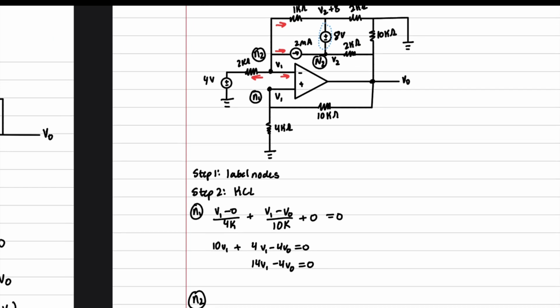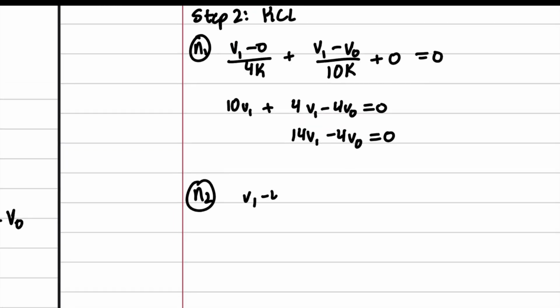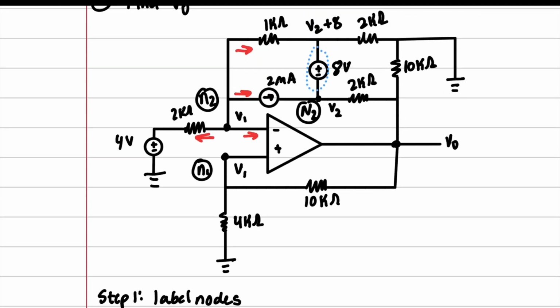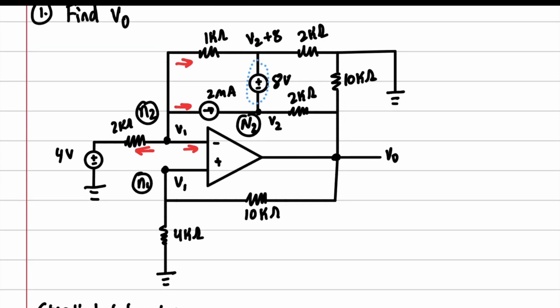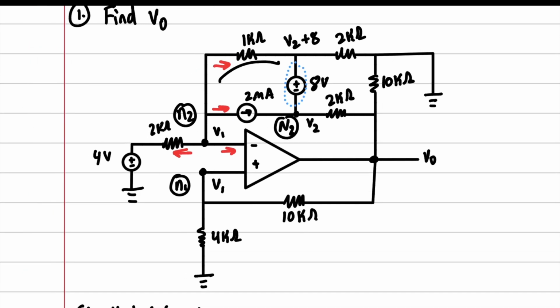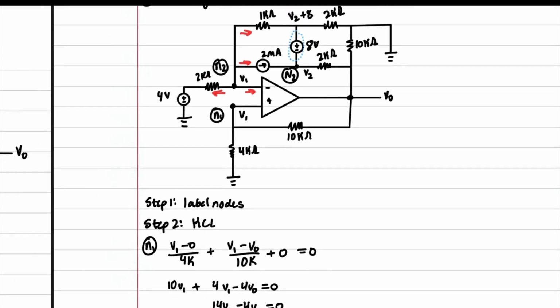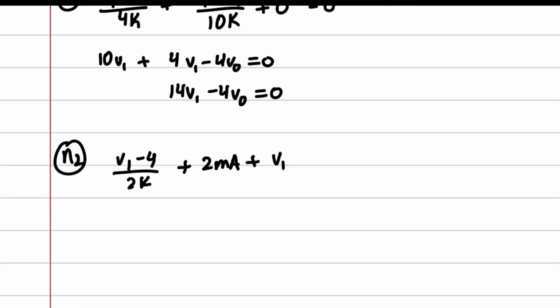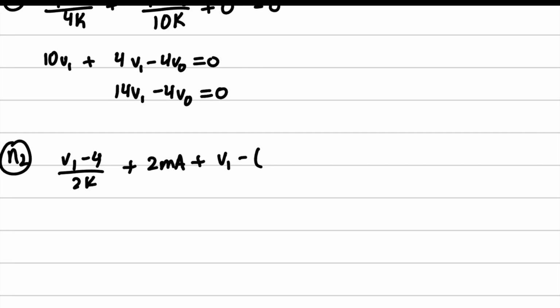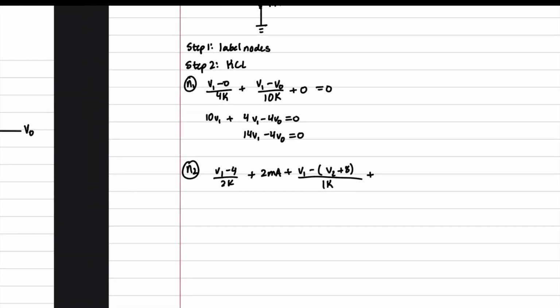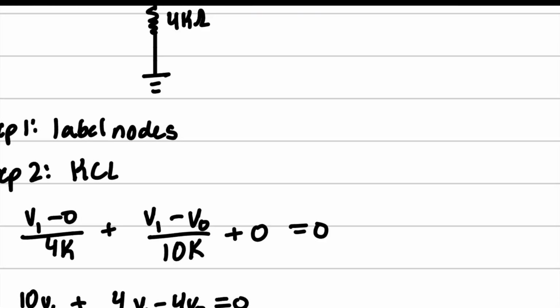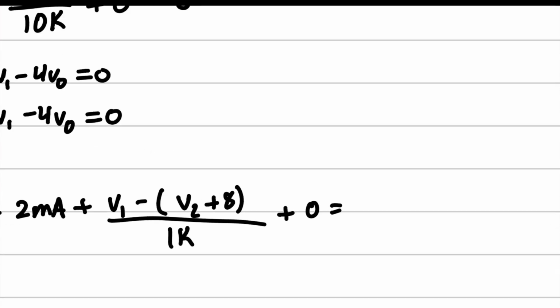The first term is going to be V1 minus 4 over 2k, plus the next term, which is this 2 milliamps coming out, plus the term going up to the supernode: V1 minus, open parentheses, make sure that you don't miss that, V2 plus 8, over 1k, plus our last one, which goes into the op-amp, which is just 0. We're going to set all of that equal to 0.